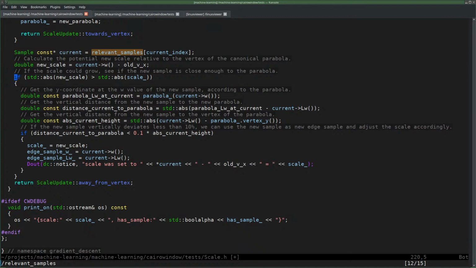And assuming that that scale is larger, then, I don't know, magic happens. And then, well, if it is indeed within 10% of the canonical parabola, it's stored as new scale. It can still go wrong, I suppose.